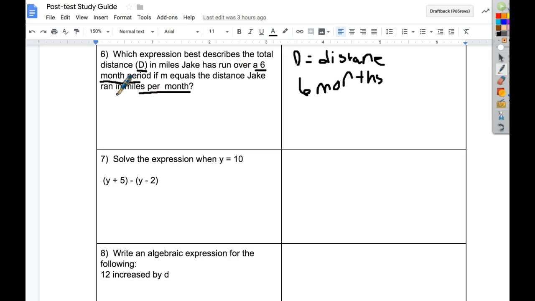If he ran, how many miles per month? So I want my distance. I know he's been running for 6 months. I don't know what that average per month is. But I know whatever that amount is, it's going to be times 6 for the 6 months. So distance is going to equal 6 times M, the distance he went per month.